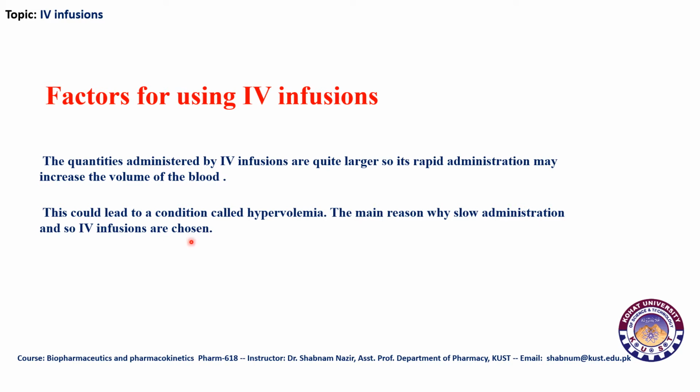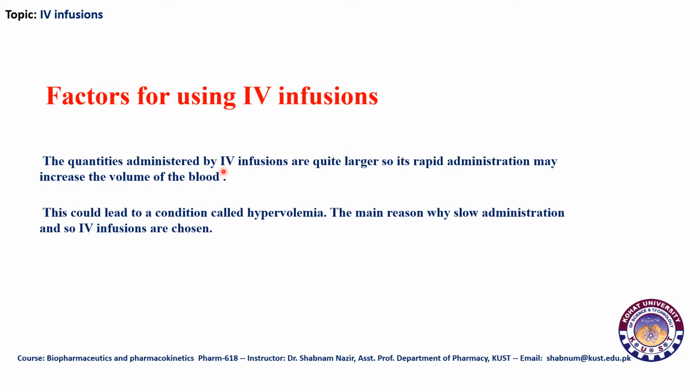So basically intravenous infusion is different from intravenous bolus in that intravenous bolus provides a certain amount of drug all at once, immediately, while in case of intravenous infusion the quantities provided are very high, larger than usual.